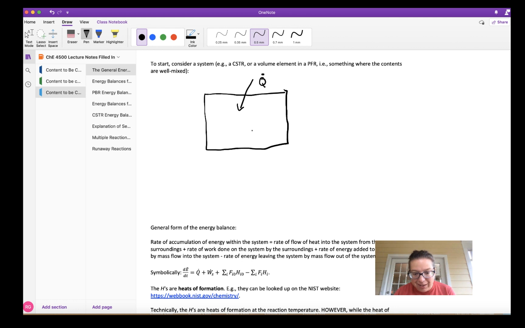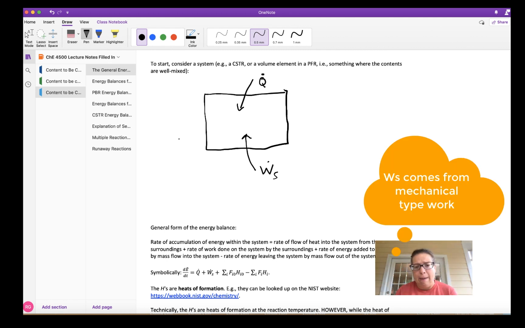Okay, work done on the system. If it's being done on the system, then it's bringing energy into the system, so we'll draw the arrow pointing into the system. For example, if the system is a CSTR, this might come from a stirrer. I don't know of any other shaft work terms that affect reactor design. Mainly it's just the shaft work term.